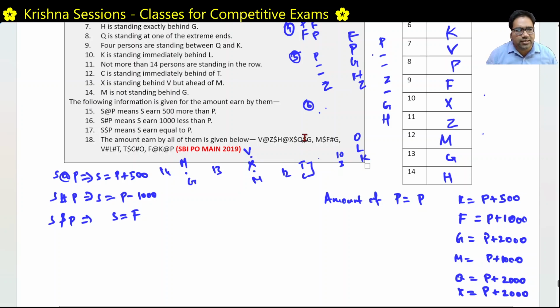Next, H at the rate X means H is 500 more than X. So H is equal to P plus 2500. Then Z dollar H means Z is equal to H. So Z is equal to P plus 2500.